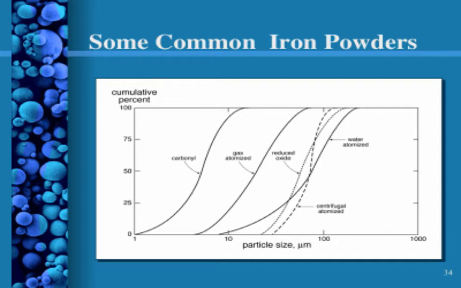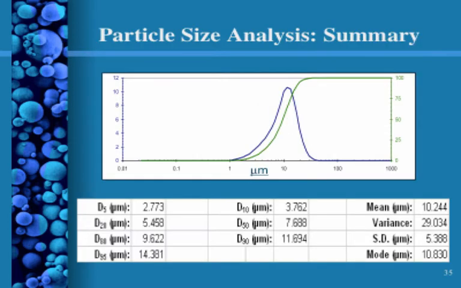Most of these are spheres, and this one is irregular shaped. But you're going to get very different distributions. It's not just the median, and being able to know that is going to affect the packing behavior and then the sintering response, right?